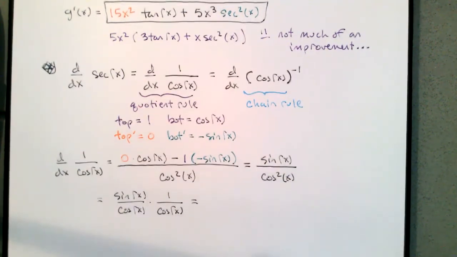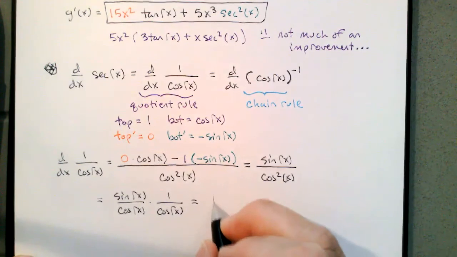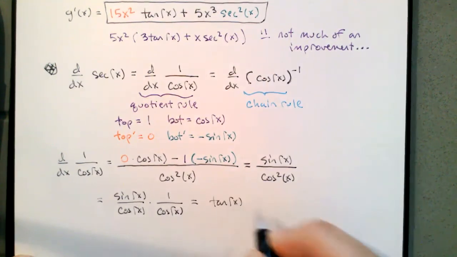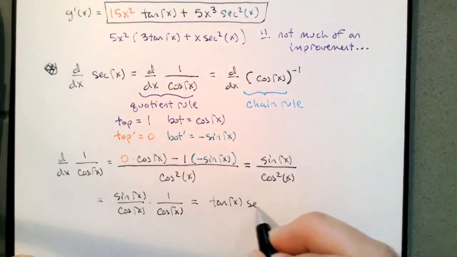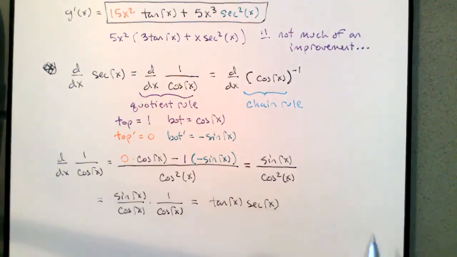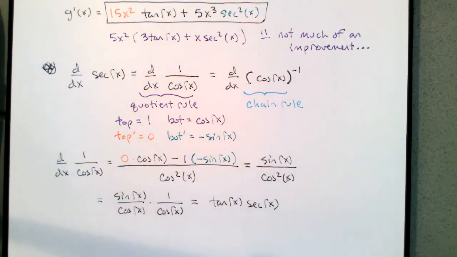Sine x over cosine x is tangent, and 1 over cosine x is secant. So the derivative of secant is secant tangent, or tangent secant. And this will count as a new basic derivative.